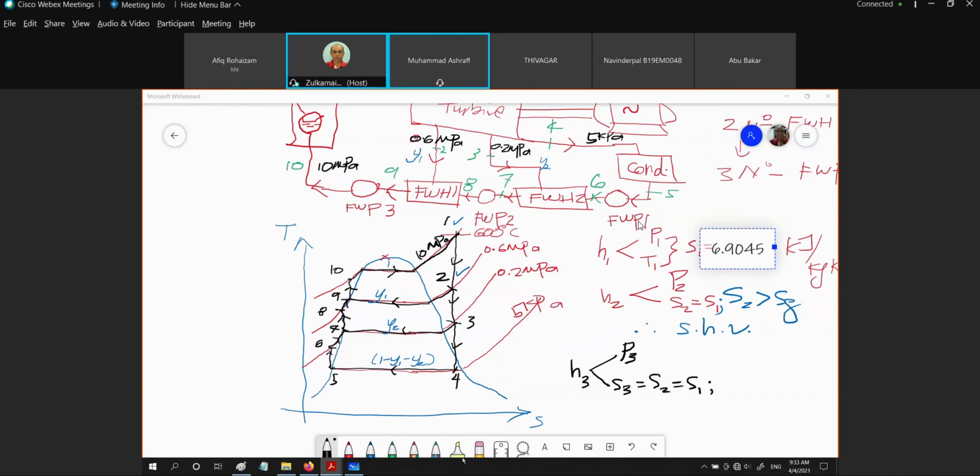So what we have right here, calculated, is that S3 is greater than SG at 0.2, correct? Okay, if we look at the table at 0.2, SG is 7.1270. Here is 6.9045.